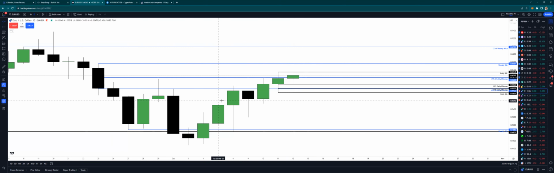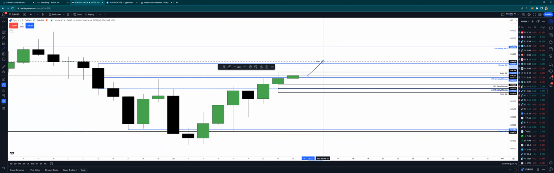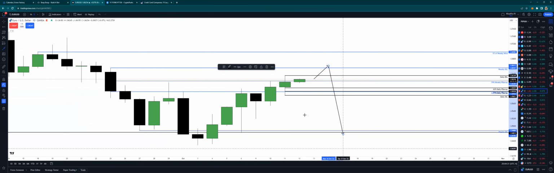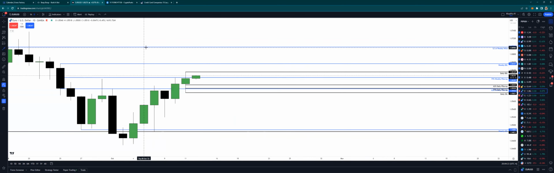What I'm thinking we may see tomorrow for CPI is price run up and run this weekly buy side liquidity, and then just tank lower, come back down, run that yearly low again, and continue lower. We could very easily see that.